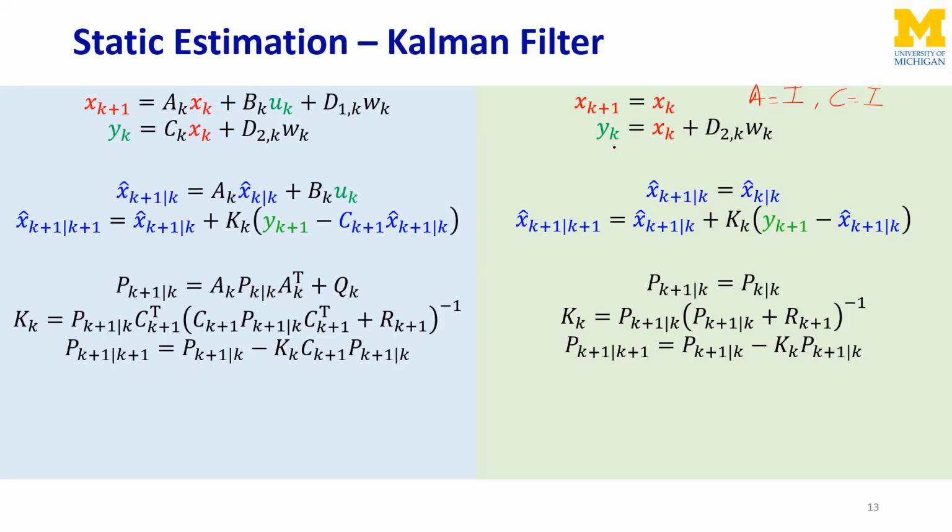So the estimator for this system looks like this. This is exactly these two equations, 1 and 2, just with the A and the C matrices replaced by the identities. So we get the Kalman filter for the static estimation case on the right hand side. The covariance matrices and the gain matrices are computed as shown here.